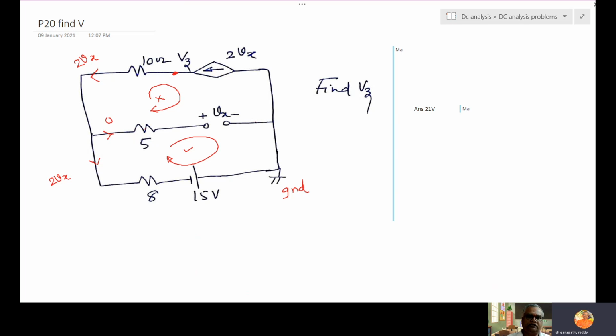So when we are writing this, 5 into 0 is 0, then plus Vx plus 15 minus 8 into 2Vx equal to 0. So this is minus 16 plus 15, so minus 15 Vx equal to minus 15. From this, Vx equal to 1.